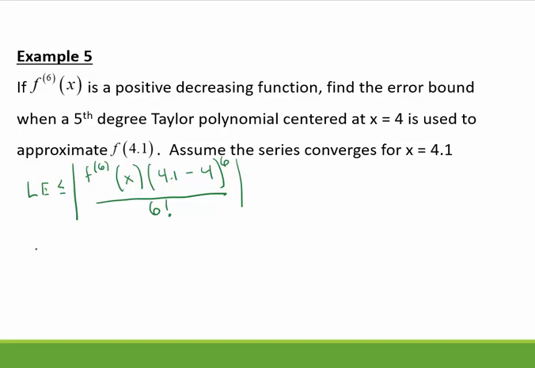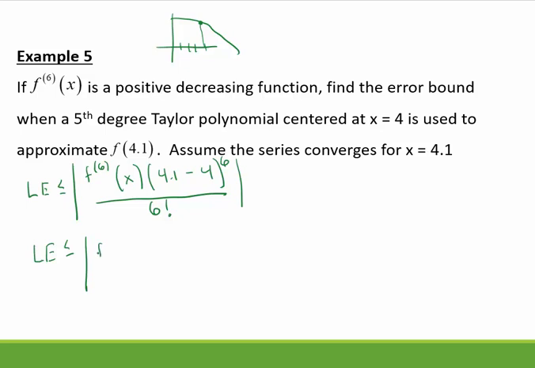So, simplifying that a little bit, we need to know what value I plug in here. I have a positive decreasing function. 1, 2, 3, 4. So what is the maximum value of the derivative?